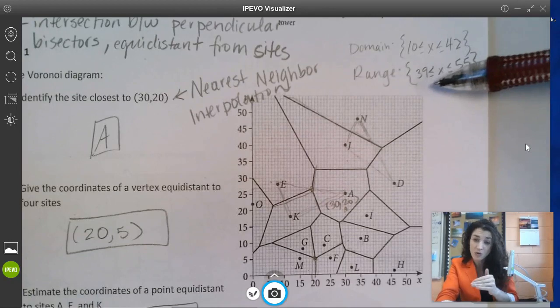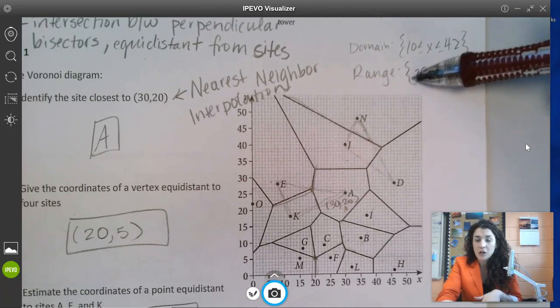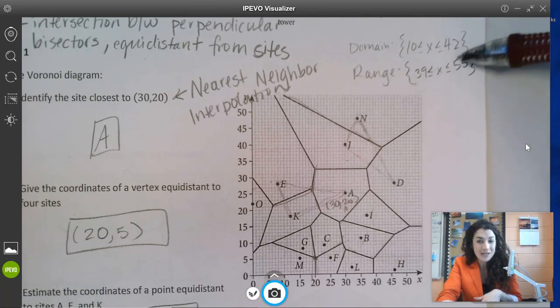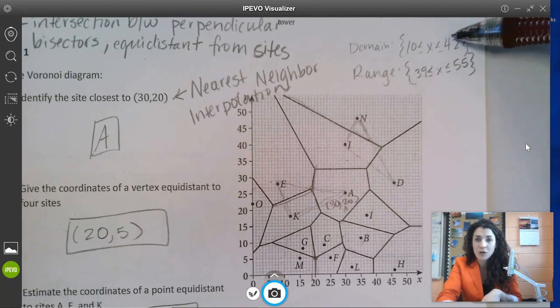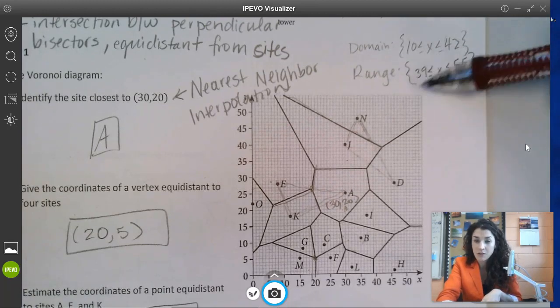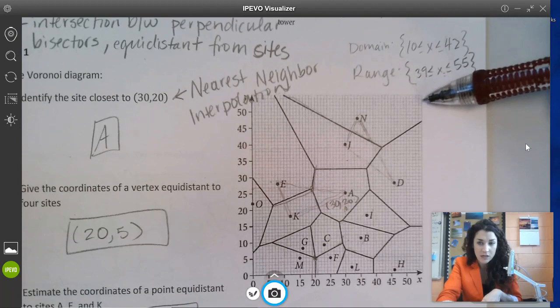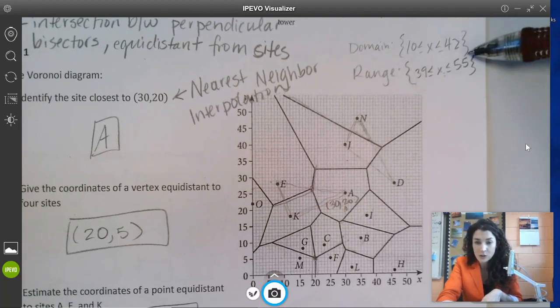So I need to be somewhere between 39 and 42, if that makes sense. That 39 would exist here and 42 would exist down here, but 38 would not exist within the range, so I can't go lower than 39. And 43 would not exist in the domain, so I can't go above 42.